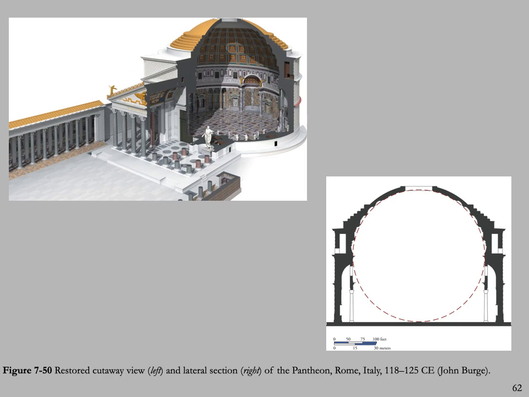So the influential architect Vitruvius, whom we talked about just a minute ago, believed geometry always had a specific meaning. He thought squares represented the earth and the corners of the earth, right? The idea of people being spread out to those corners of the earth, and that spheres represented the heavens. So the making of this building followed his beliefs and designed this structure to be a square and a circle.